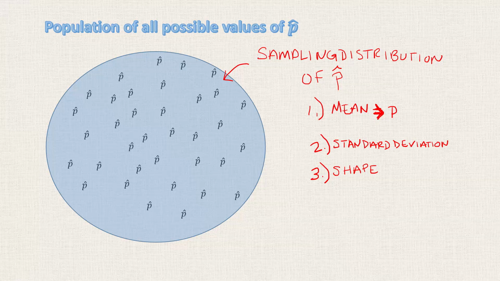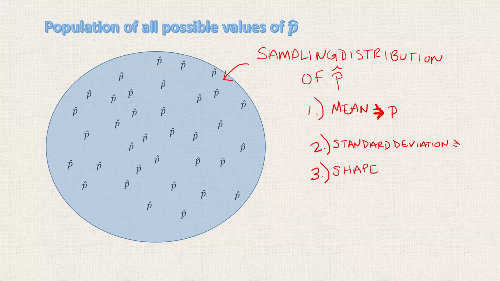The next thing is standard deviation. To give you some background, it can never be negative because it's a measurement of spread, and it also is a measurement of how much variability. So the larger the standard deviation, the more variability.